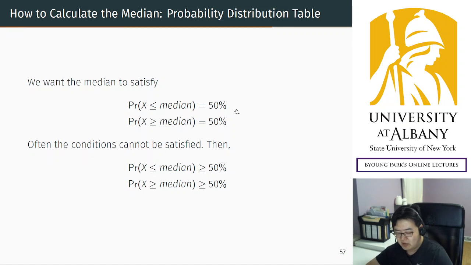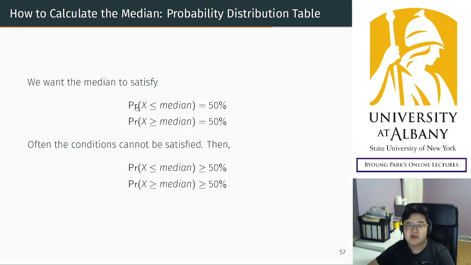What's more complicated is when you have a probability distribution table. When you have a probability distribution table, the definition of the median becomes a little more tricky mathematically. I will explain why. Ideally, we would like to have this: if there is a median, the median of x must satisfy these two equations.